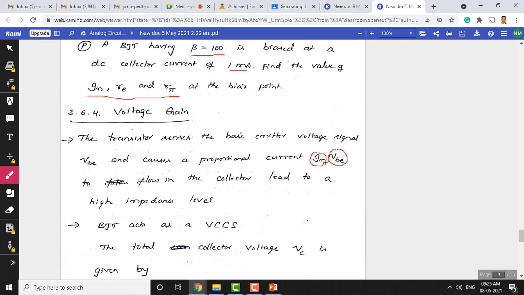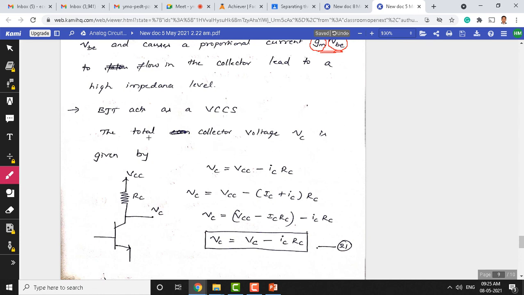VBE multiplies with gm, and the output current is proportional to the input voltage, and this current flows in the collector. This is the collector current expression: IC is equal to gm times VBE. Okay, this flows in the collector, which leads to a high impedance level here. Now BJT, as we said already, when a small signal is applied, behaves like a voltage controlled current source.